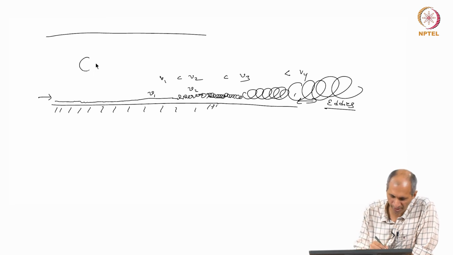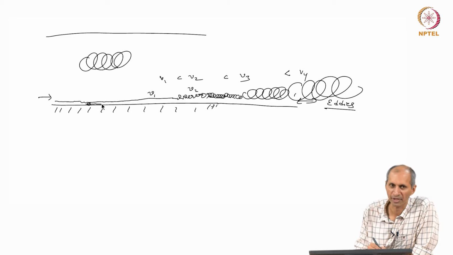For example, you may find very large scale eddies here, but as you come close to the surface, the eddies may vanish completely and it may assume a very low velocity, and as it goes away from the surface, it retains its original structure.